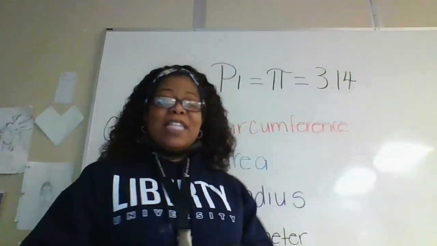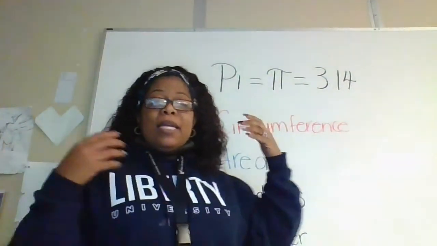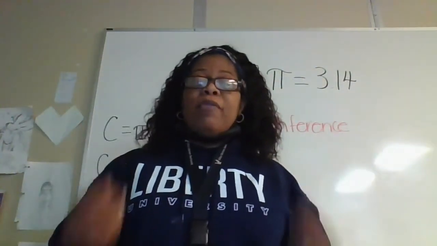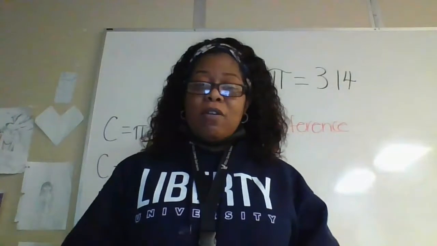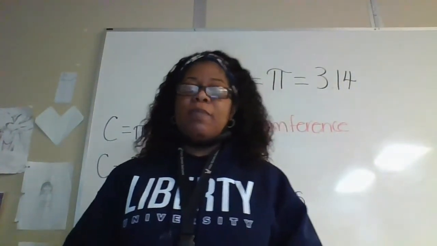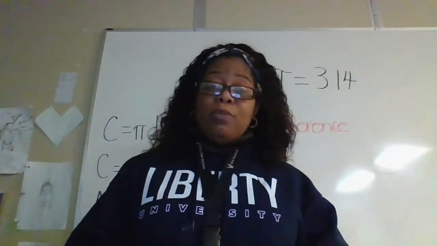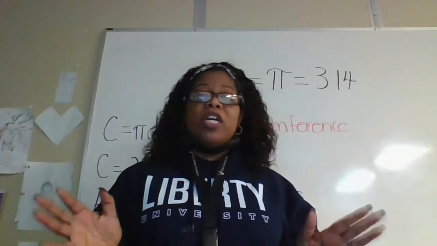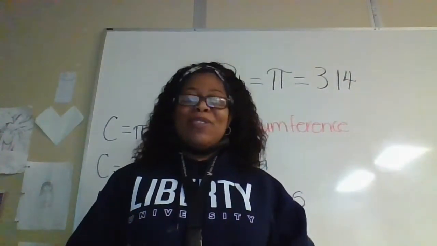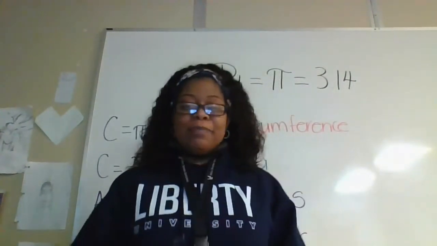So whenever you see the word pi or you see the symbol for pi, it is always a representative of the numerical value 3.14 or 3 and 14 hundredths. One thing to note is that the numerical value of pi never changes. It is always going to be 3.14 or 3 and 14 hundredths, right?